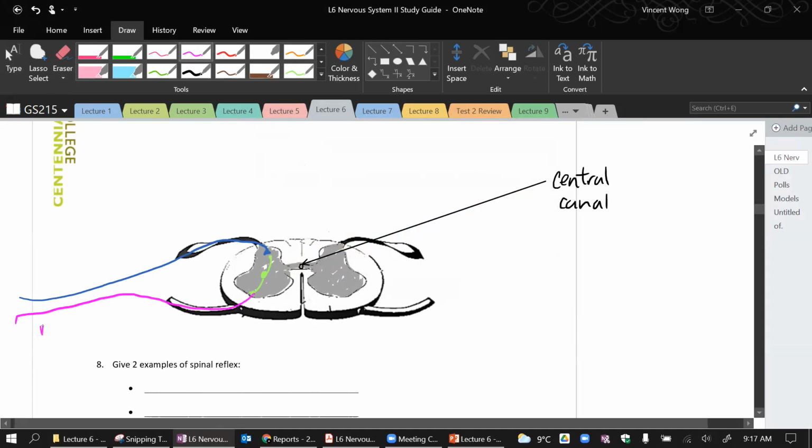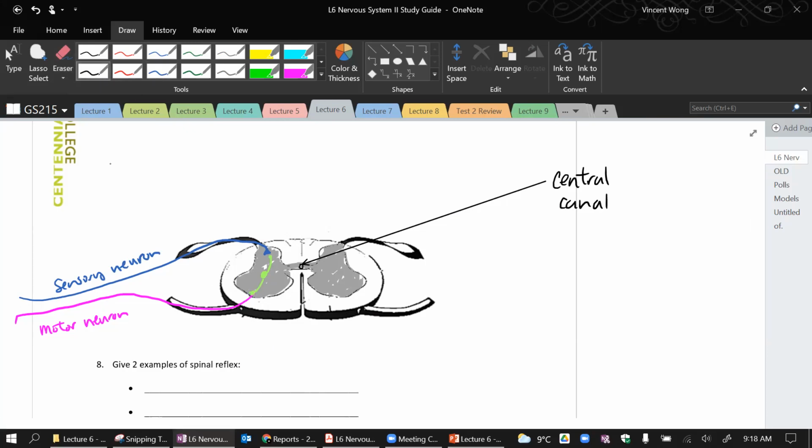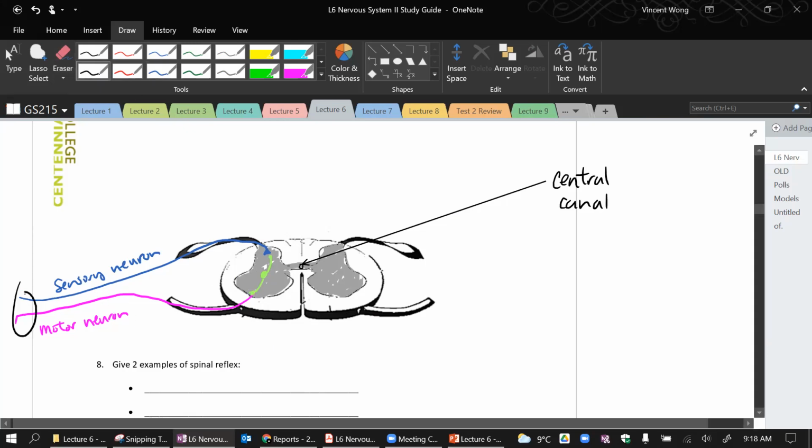So this is the motor neuron coming out at the front, and you're going to have your sensory neuron going in at the back, and then the interneuron in the gray matter. Now these two neurons are actually going to be bundled together, and it forms one of your spinal nerves.